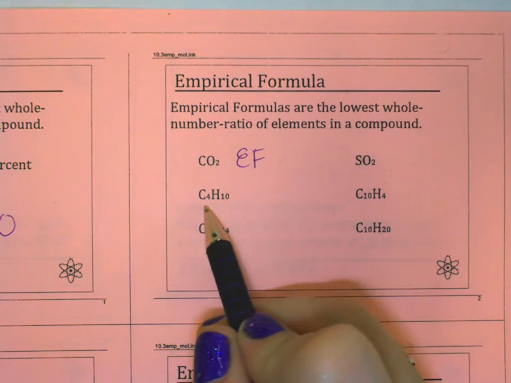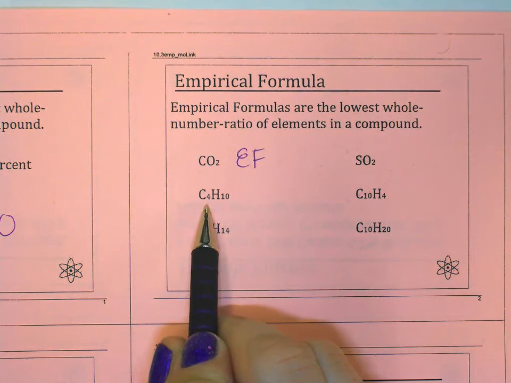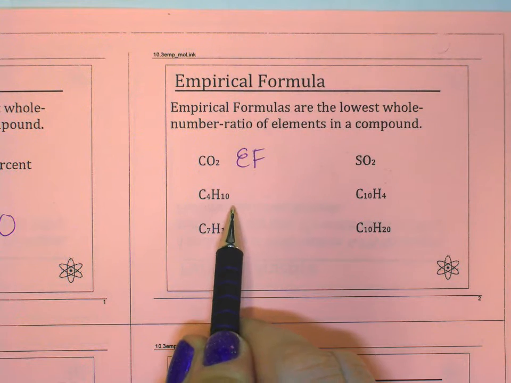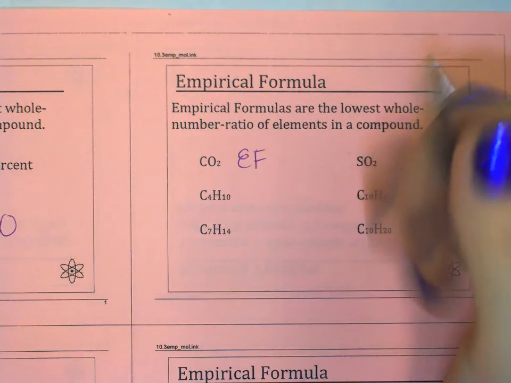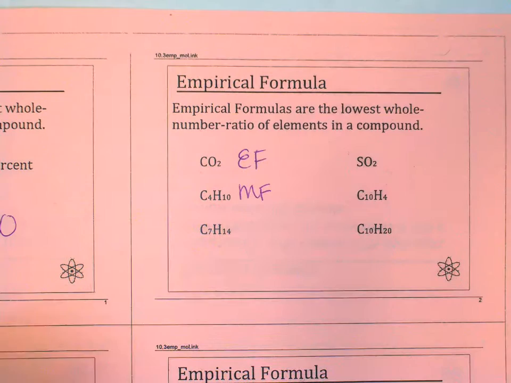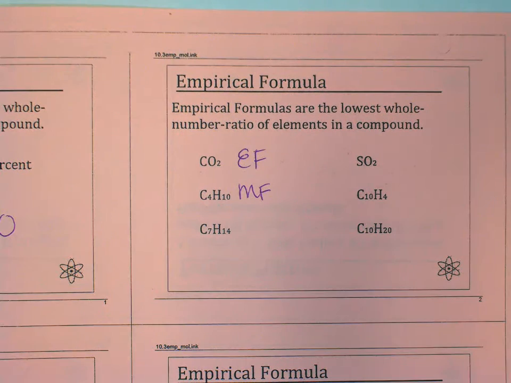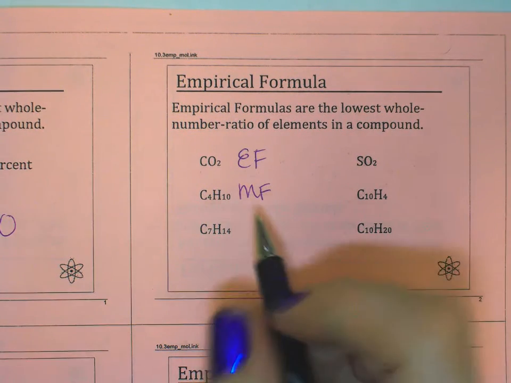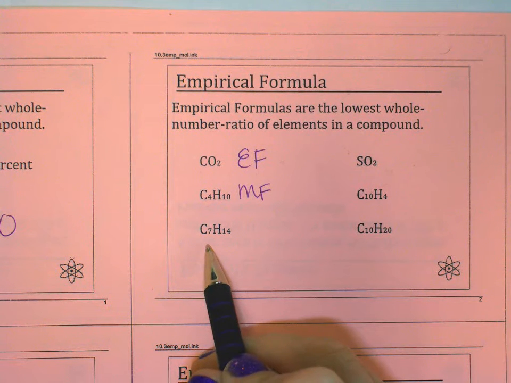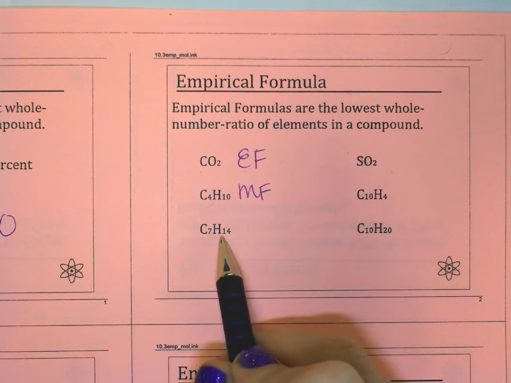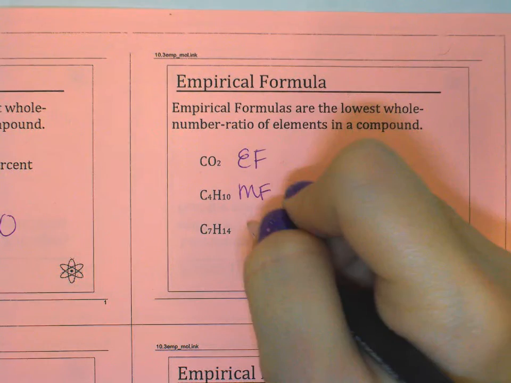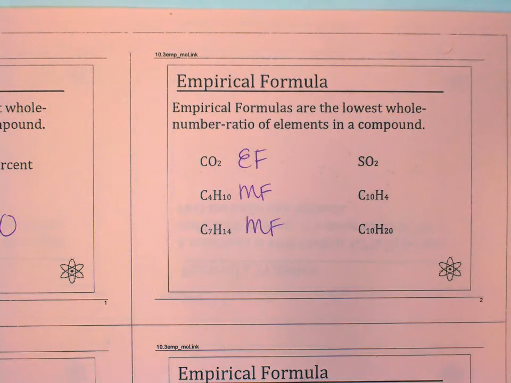This next one, though, if you actually look at it, I could divide both of the numbers in this problem by 2. That makes this a molecular formula, not empirical. This next one, I could divide both of those by 7 and reduce that. So this is a molecular formula.